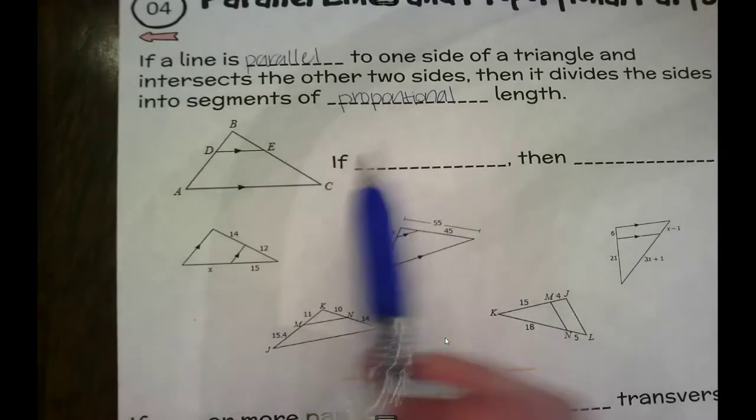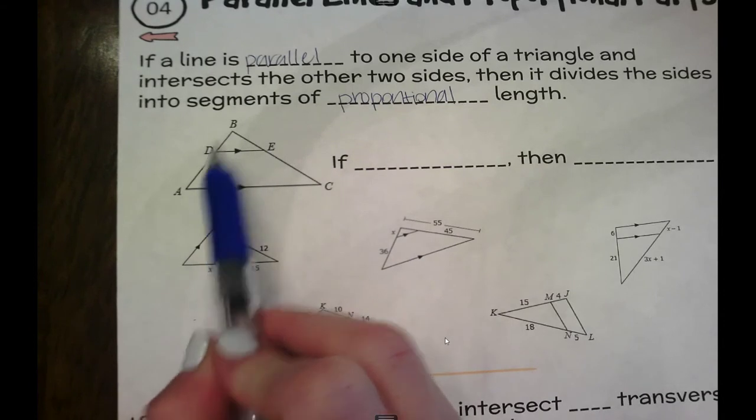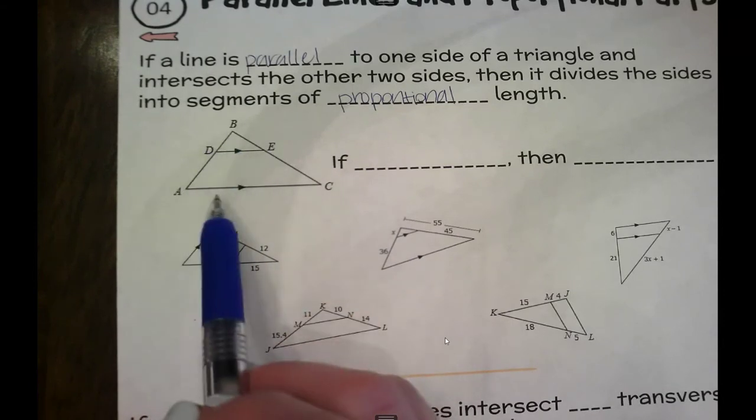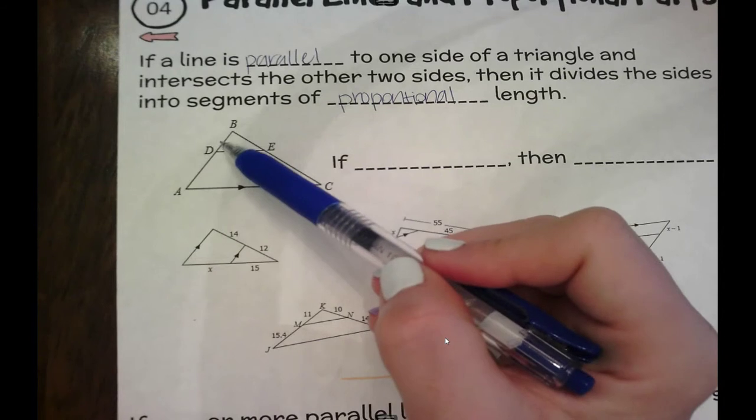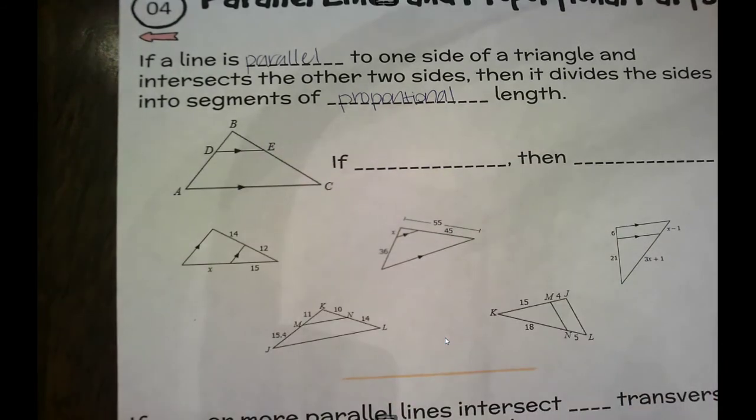So remember, we had triangles that looked like this before, and these were our mid segments, and they hit at the midpoint. This time we're not talking about mid segments. So instead of these being the same, they're going to be proportional.